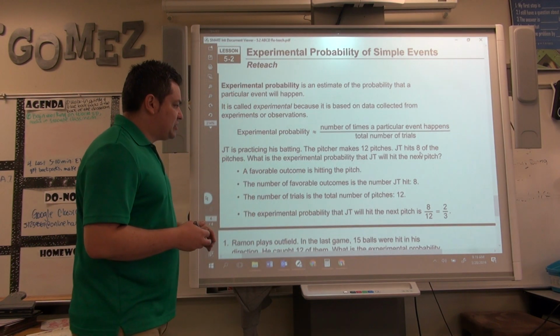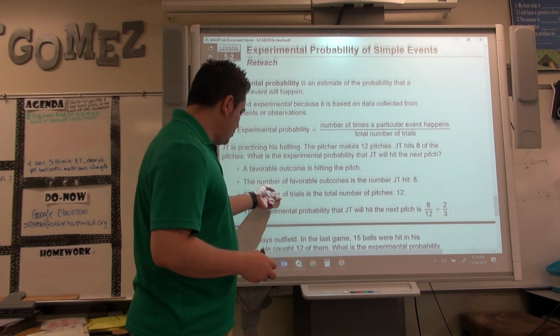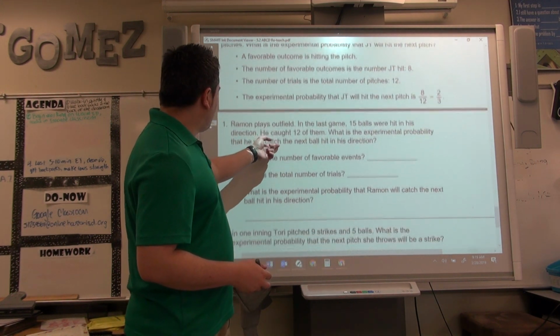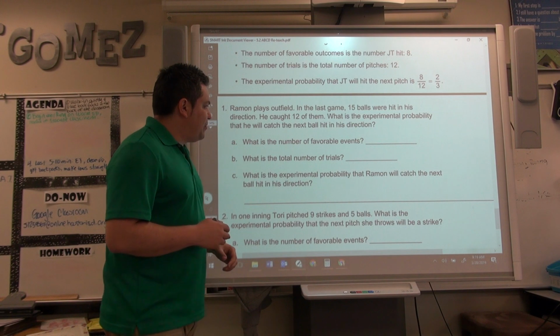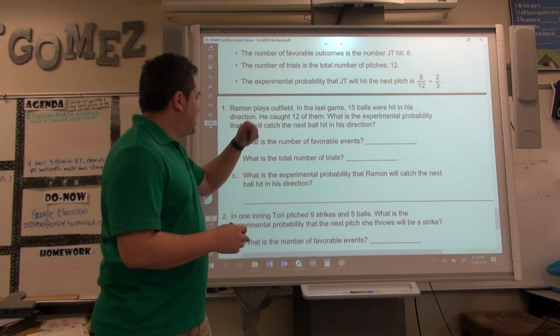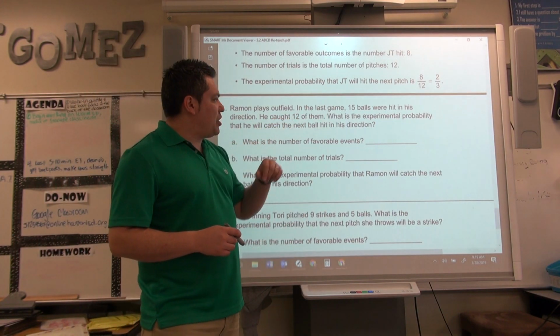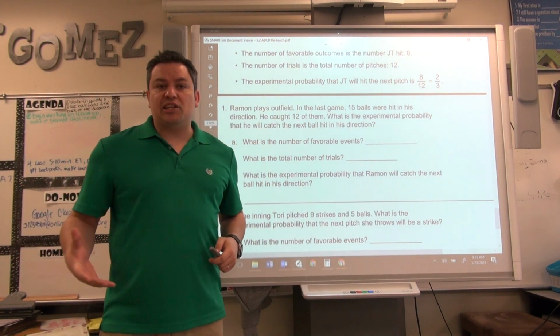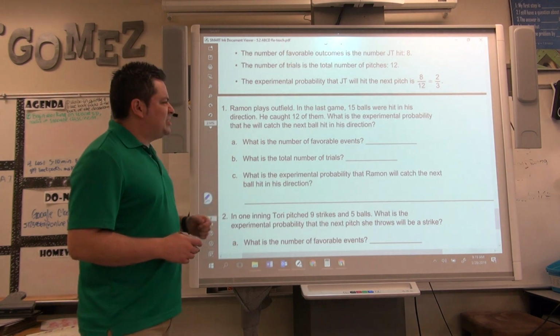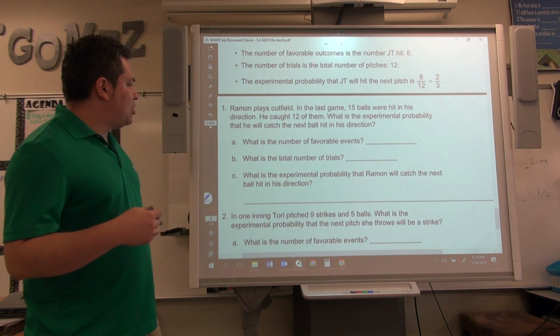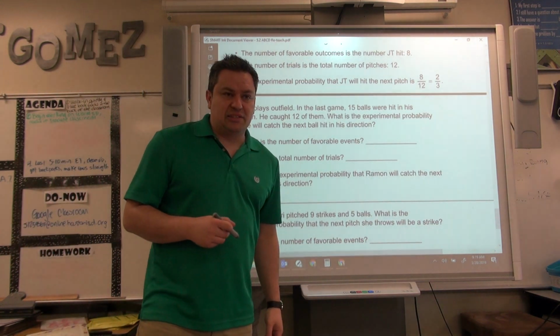Now, we have a few examples right here. Number one: Ramon plays outfield, so apparently it's baseball. In the last game, 15 balls were hit in his direction. He caught 12 of them. What is the experimental probability that he will catch the next ball in his direction?